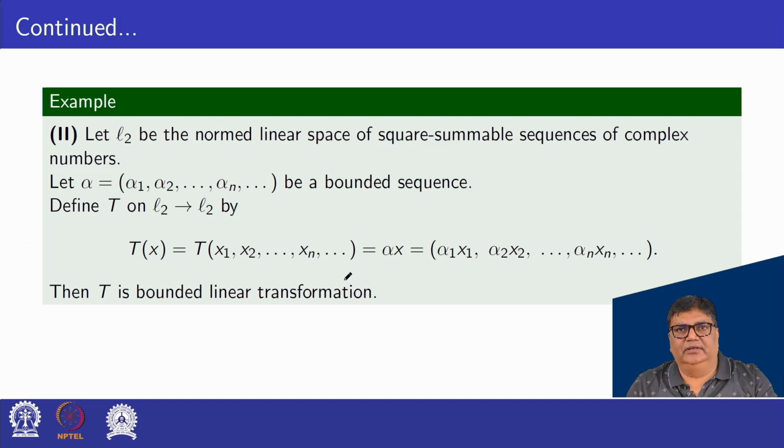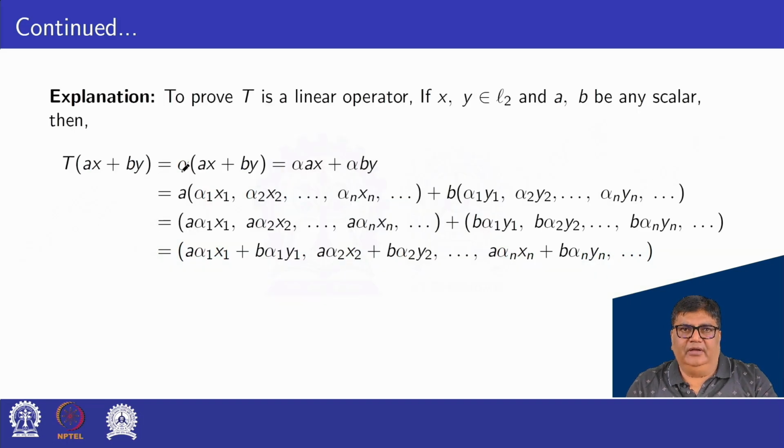So multiplying, alpha ax plus alpha by. Here a is a scalar and b is also a scalar, so a into alpha x plus b into alpha y.